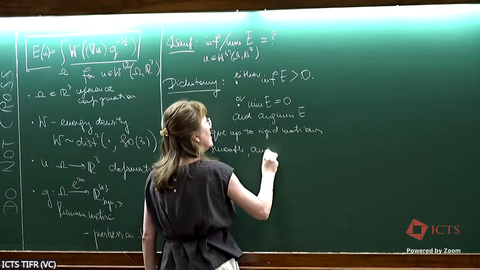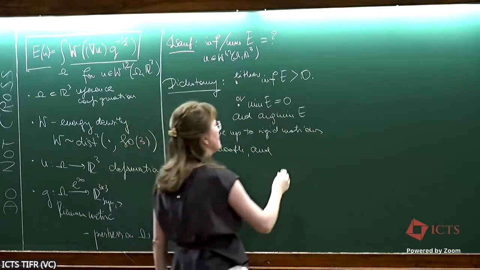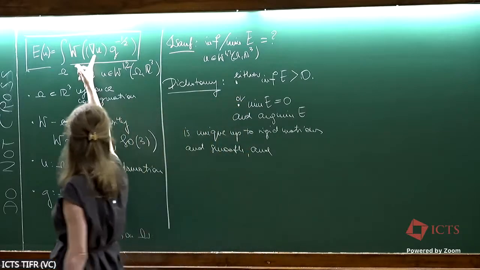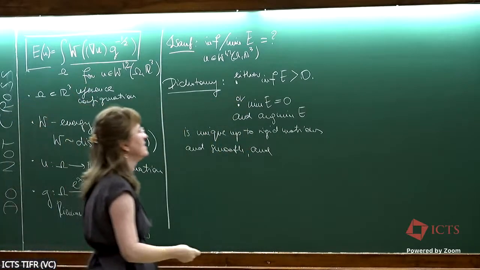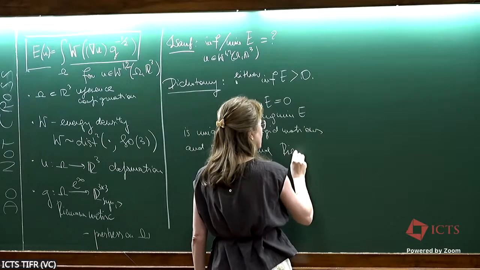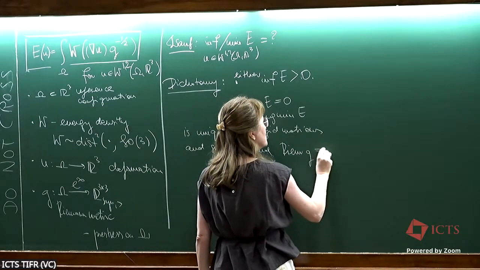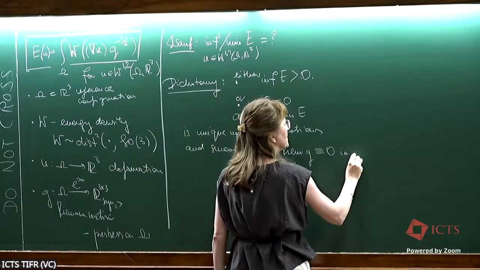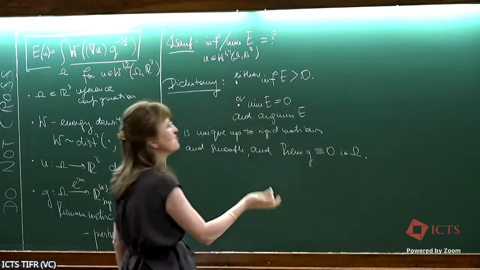And all this means that in fact your original metric was flat. So the Riemann curvature of G was entirely 0 in omega.